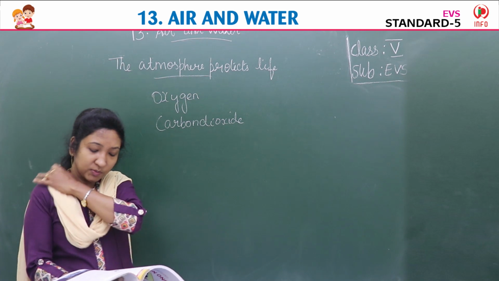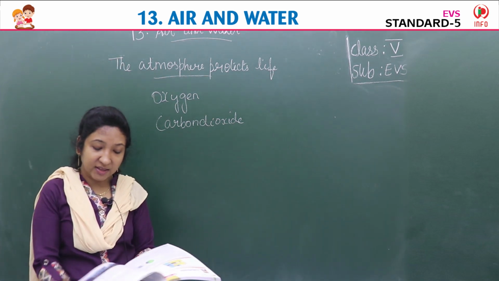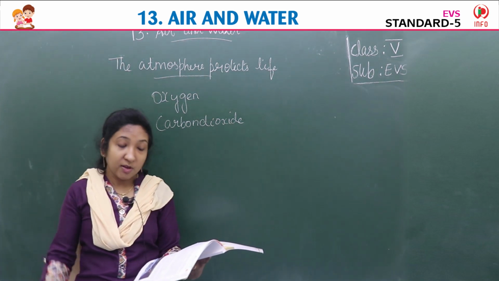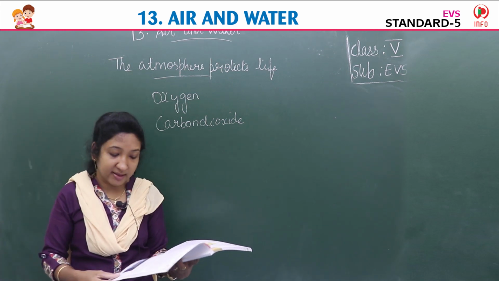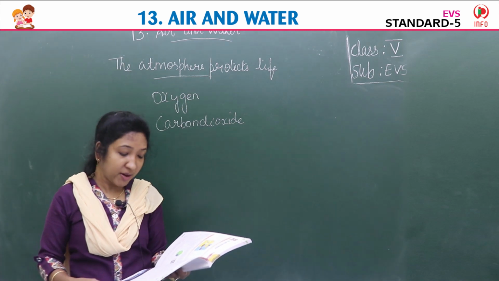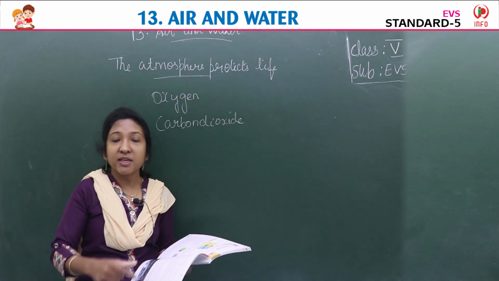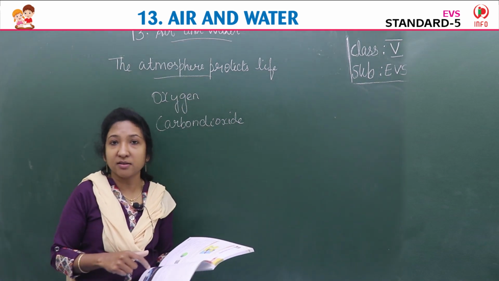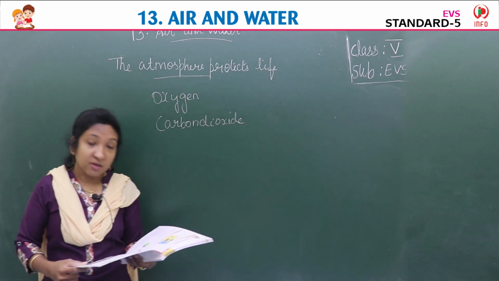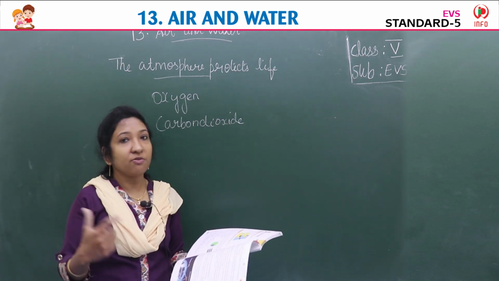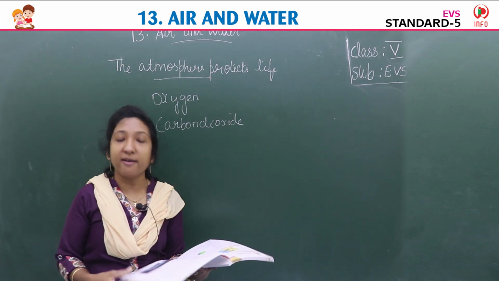Then the atmosphere absorbs a large part of the heat of the sun and prevents the earth from getting overheated. It maintains the temperature on the earth. If the earth gets overheated, it is difficult for us to live, isn't it?